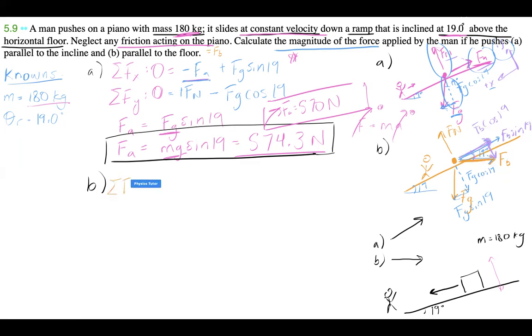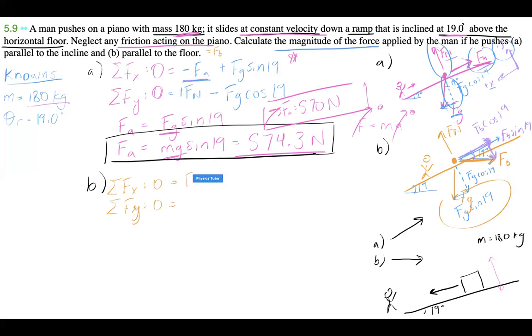So again, it doesn't matter which direction the man is pushing. The basic skeleton of the question remains the same. It's still sliding at constant velocity and it's still not moving up and down in the y-axis. So we still have 0, 0. And for x, let's start with that. In the x direction, now we have same FG sine 19 in the positive direction.